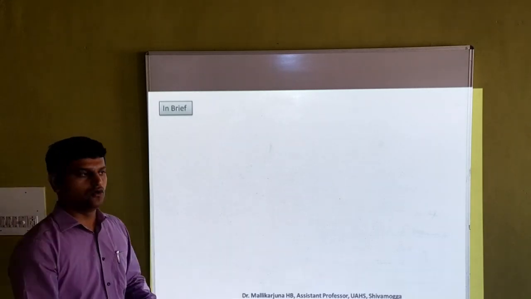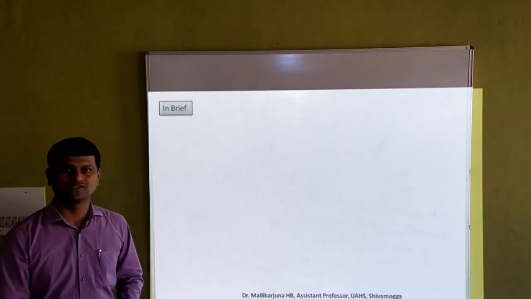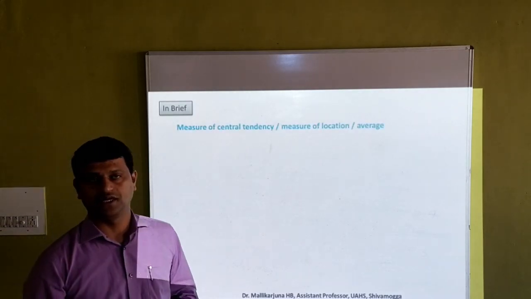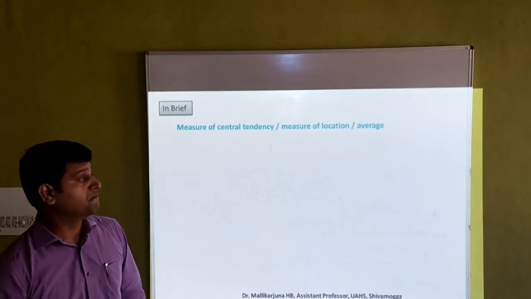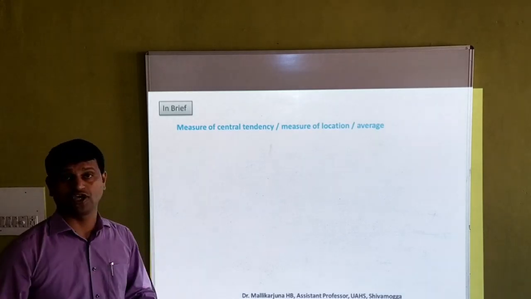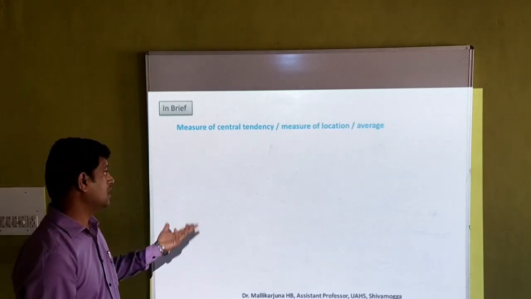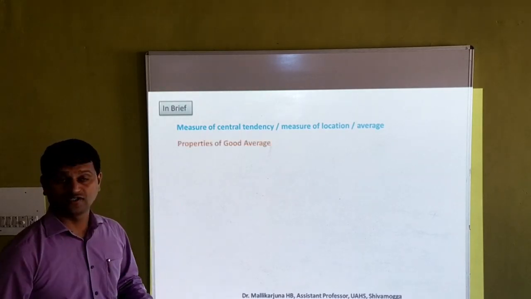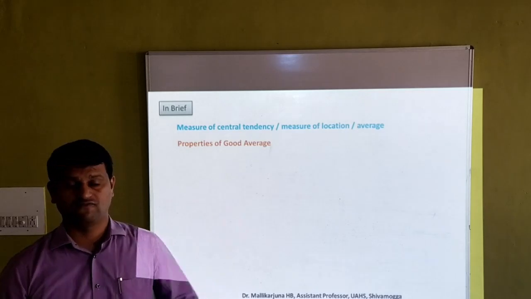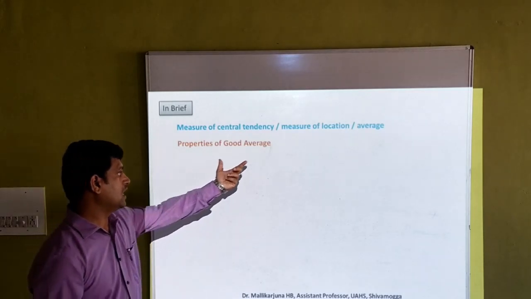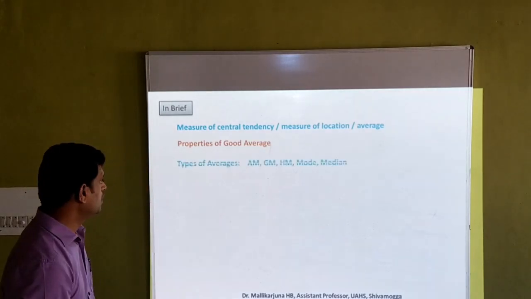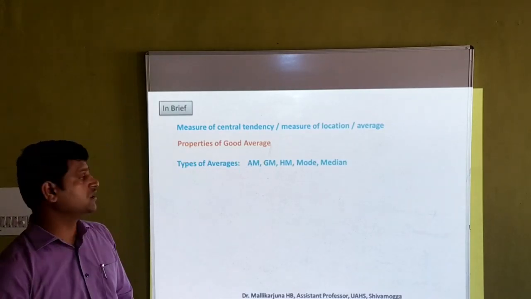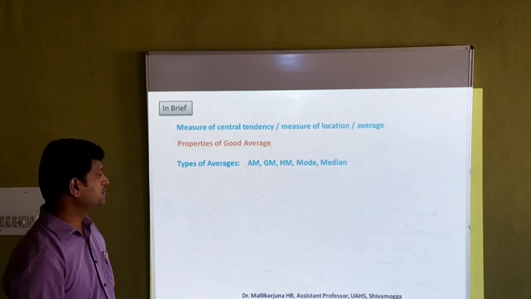In brief, the whole video I am going to explain in one single slide. We already explained the measures of central tendency or measure of location or average. What is central tendency? What is average? Then I explained the properties of a good average. And also I explained the types of averages: arithmetic mean, geometric mean, harmonic mean, mode, and median.